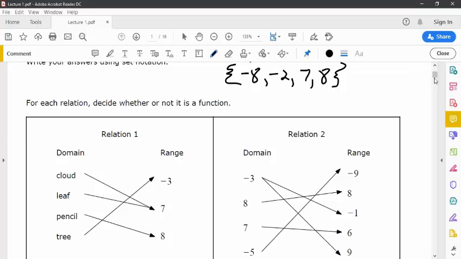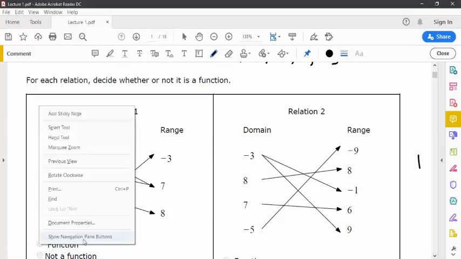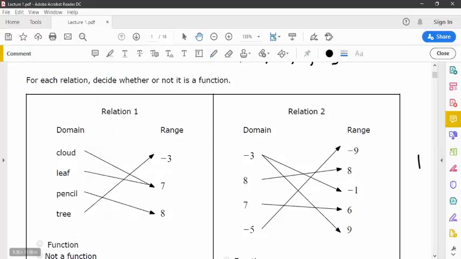Notice that cloud only goes with a single range element. Leaf only goes with a single range element. Pencil also is only with a single range element. And tree also only goes with a single range element. So since each one is only paired with a single range element, then that would be a function.